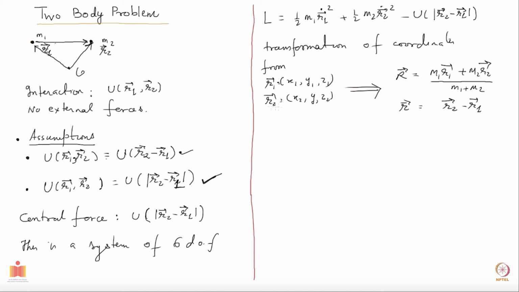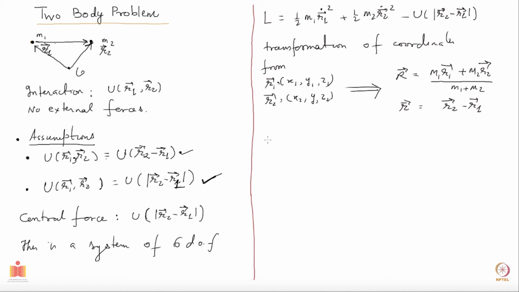So I go from these 6, 1, 2, 3, 4, 5, 6, to these 6, because capital R is a 3 vector, so it has 3 components, and small r is also a 3 vector, it has 3 components. So I've gone from 6 to 6, and let's see why this will be very useful.